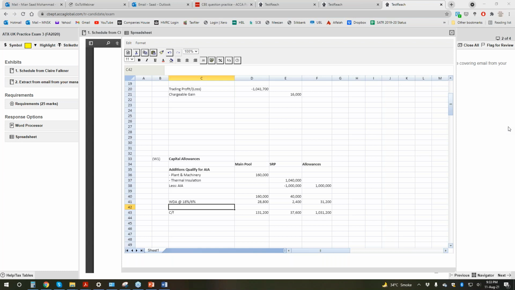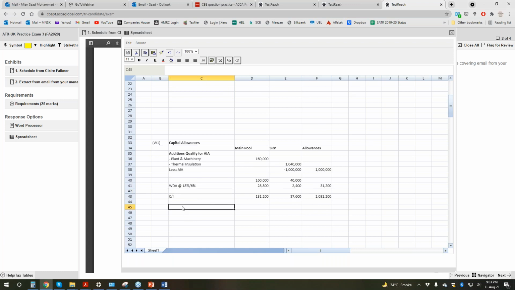What about this SBA, structures and buildings allowance? We haven't taken that. Yes, SBA. And do remember, we cannot take it for the complete year. Rather, we have to take it for 6 months this year, partially this year.